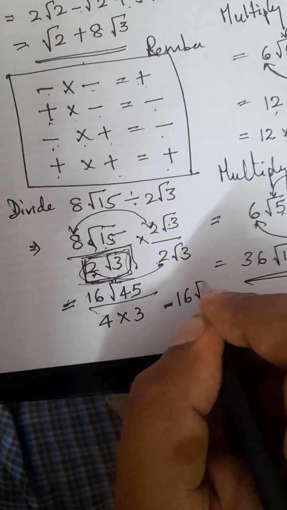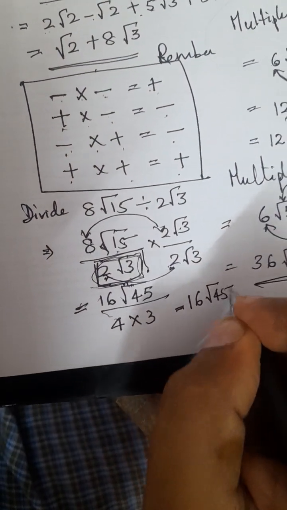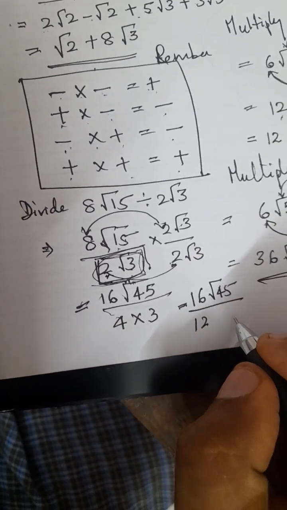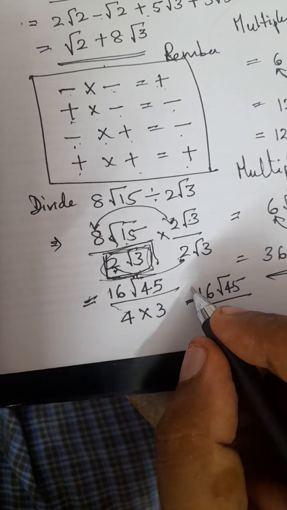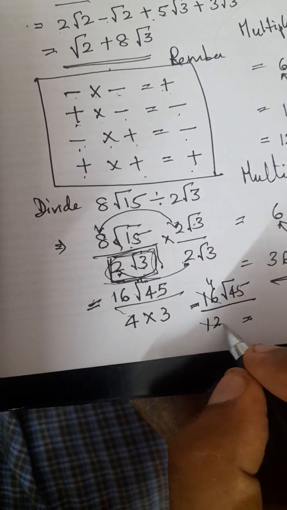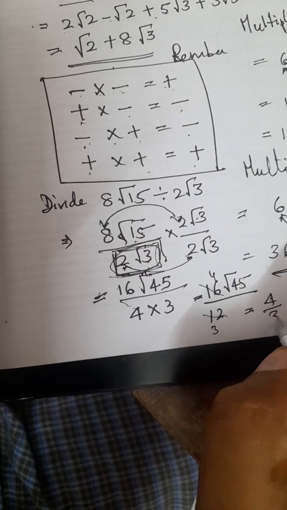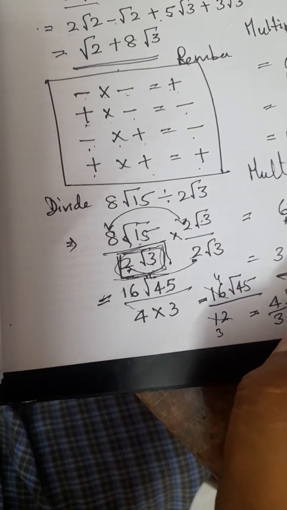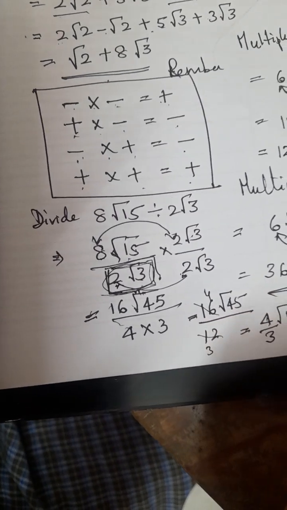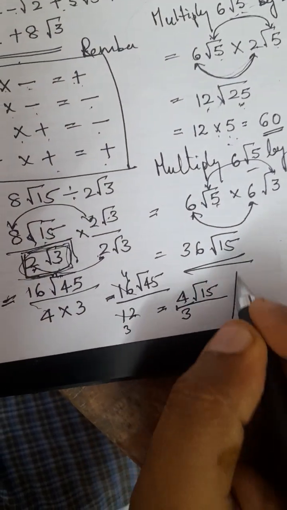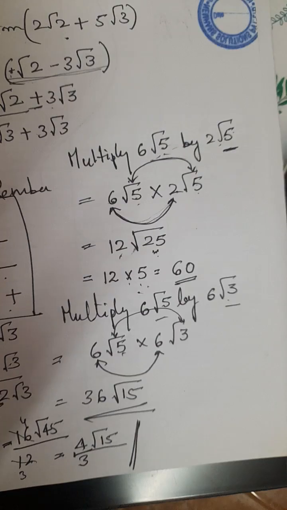So this is 16 root 45 divided by 4 threes are 12, which can be further reduced by dividing by 4, giving 4 by 3 root 45.